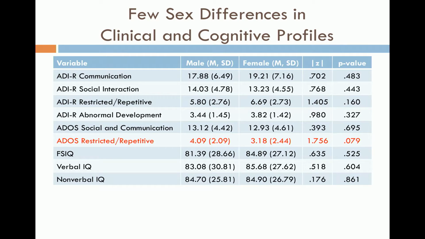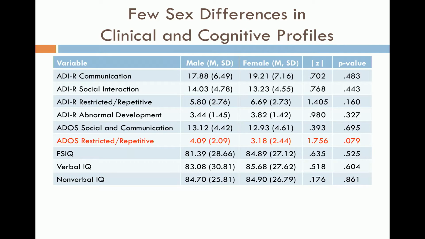And that's where, again, our findings here are absolutely in line with some of the more recent findings coming out in the literature. We do see a gender bias or a sex bias, but it is for males to have more of these domains of what are called restricted and repetitive behaviors. These are preoccupations with set routines, doing things in an identical way, and hand and motor movements that go along with that kind of repetitive motor movement.